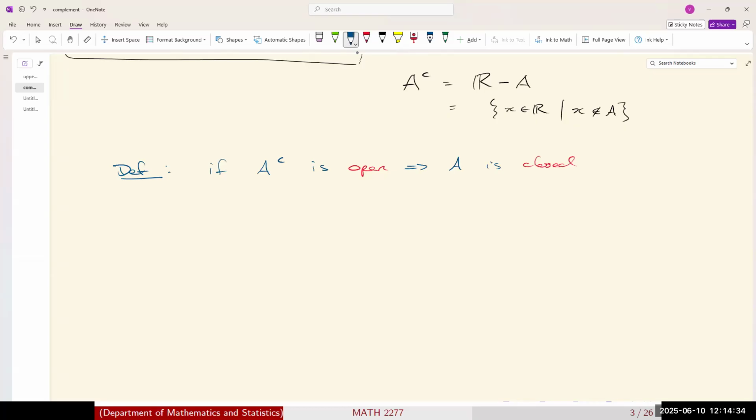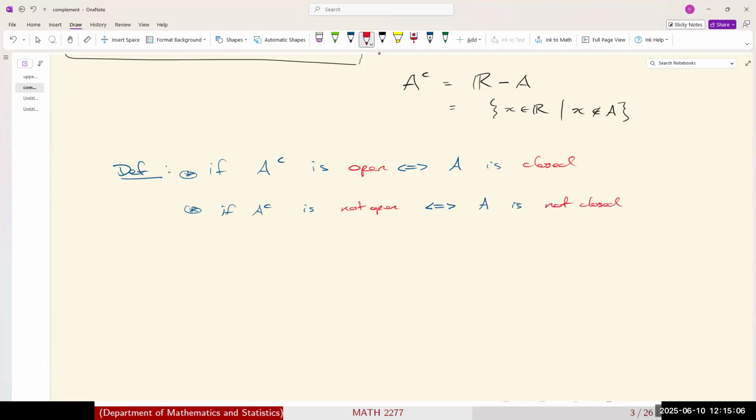And it's an if and only if statement. So from this, we also have this point. So now you're saying, okay, but what if A complement is not open, right? Could I conclude anything about the original set A? And the answer is yes. If the complement happens to not be open, then you can say that the original set is not closed.